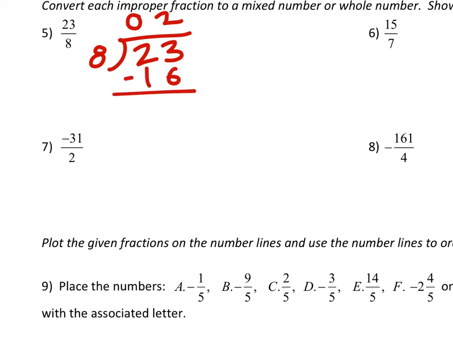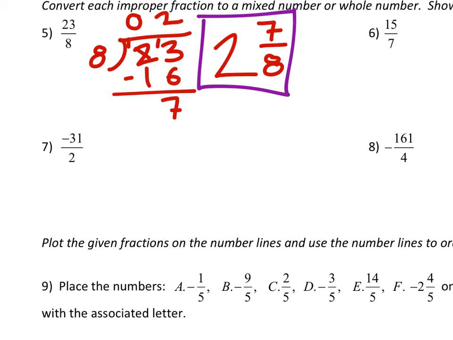When we subtract 3, I got to borrow 1. 13 minus 6 is 7. 1 minus 1 is 0. Well, 8 doesn't go into 7. So we had 2 wholes. We had 7 remaining out of 8 parts. And that would be the new mixed number.